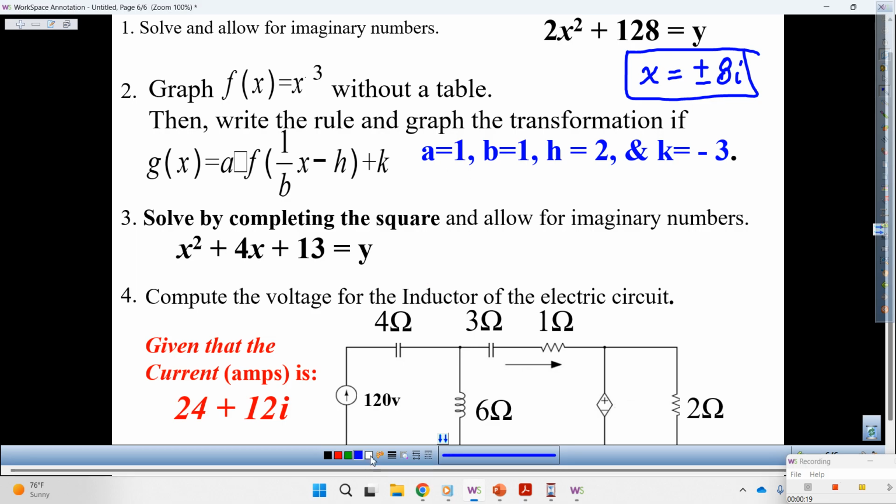For number two, you graph your cubic function, and it should look something like this. Tell your neighbor where you move that according to your transformation, and then Gio's going to pass someone. Where do we move that to?